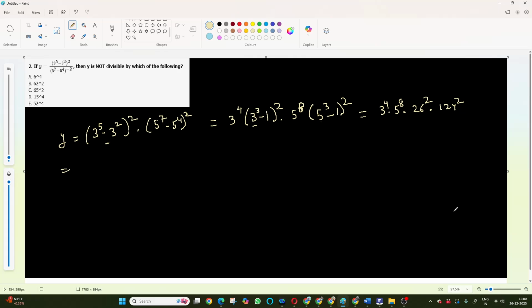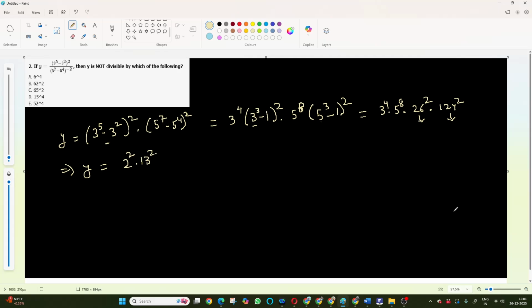Now, if we rewrite y, let's decompose 26 and 124 into their prime factors. 26 is 2 into 13. So we will have 2 coming in from there, so 2 squared into 13 squared.